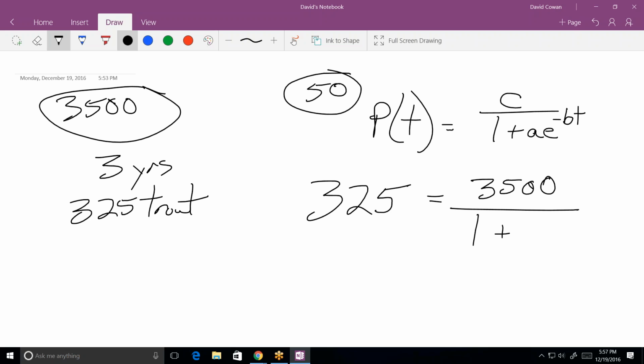Okay, so 3,500 is definitely C, and this is the population at any point in time, and so we know we got 325 trout at the end of 3 years. So now I know this much. Now I still have two variables, A and B.